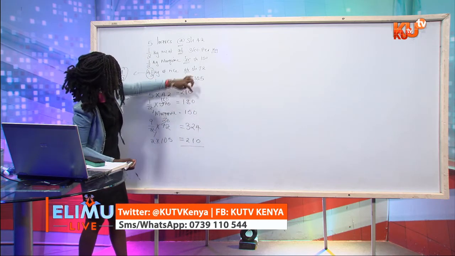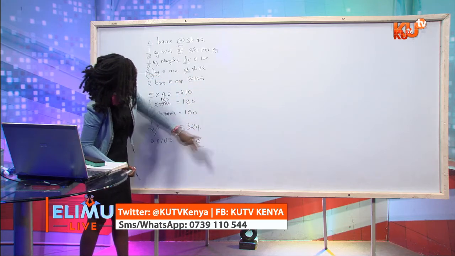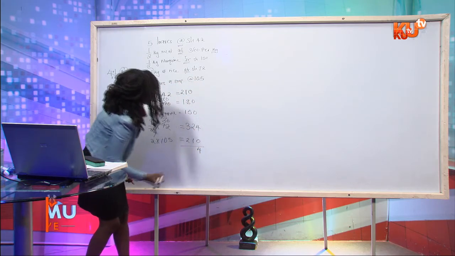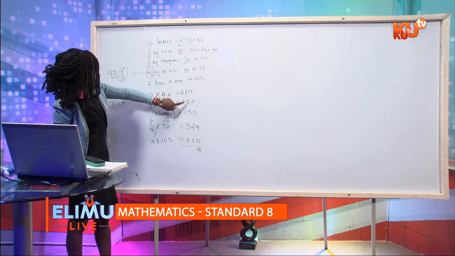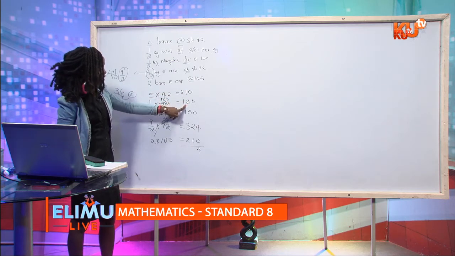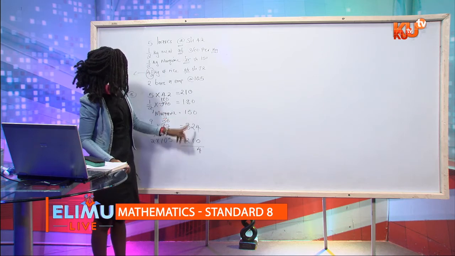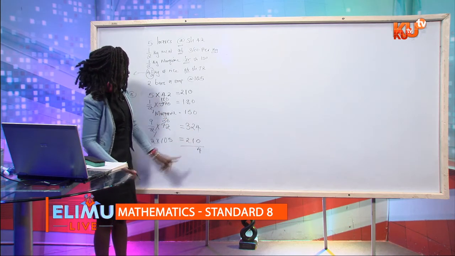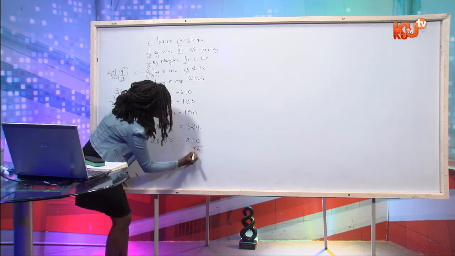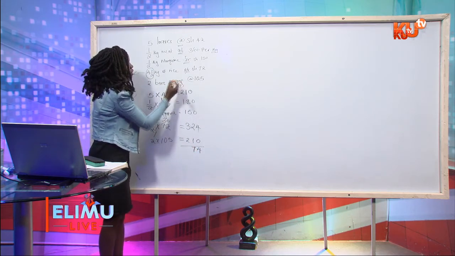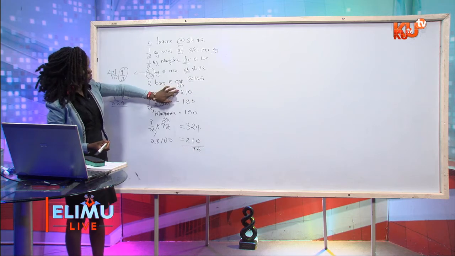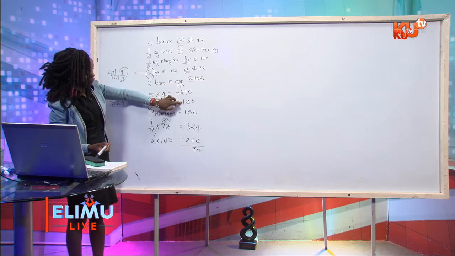On this side we add 0 plus 0, 0, 4, and 0. We get 4. Then 1 plus 8, we get 9. 9 plus 5, we get 14. 14 plus 2, we get 16. 16 plus 1, we get 17. I write 7, we carry 1. 1 plus 2 is 3. 3 plus 1, 4.